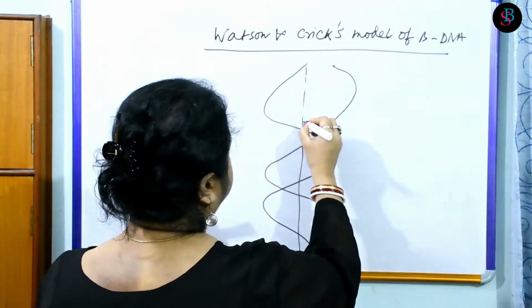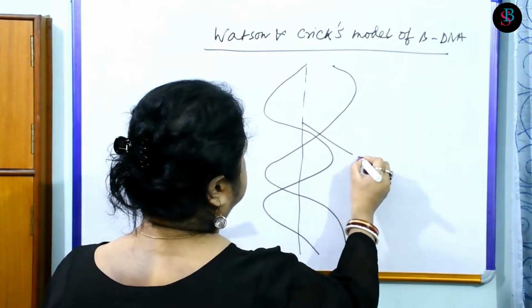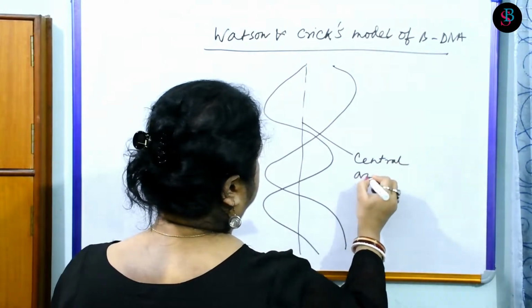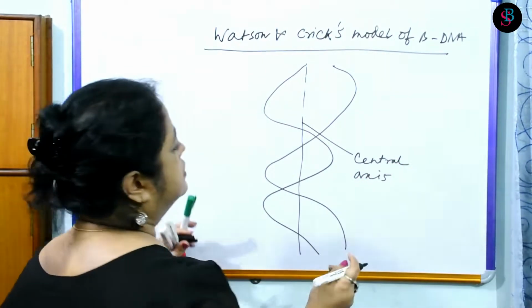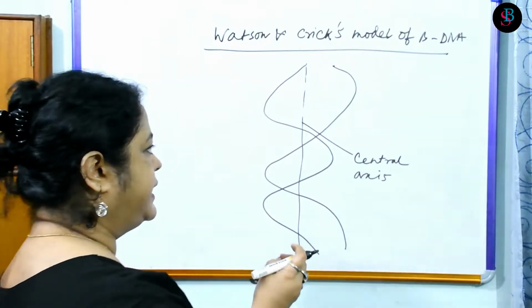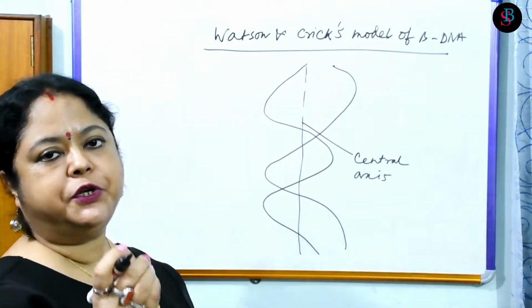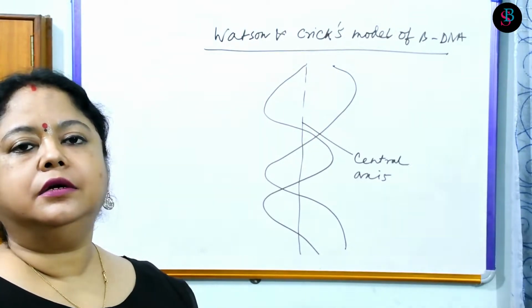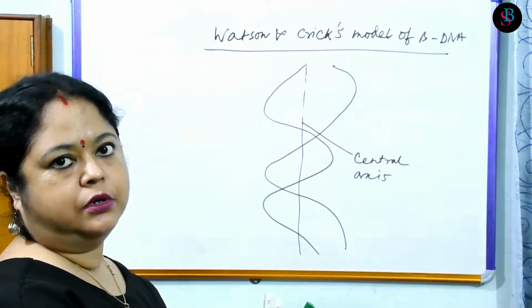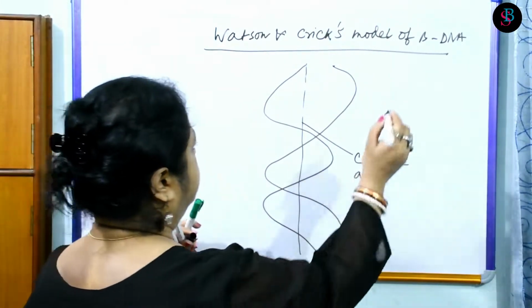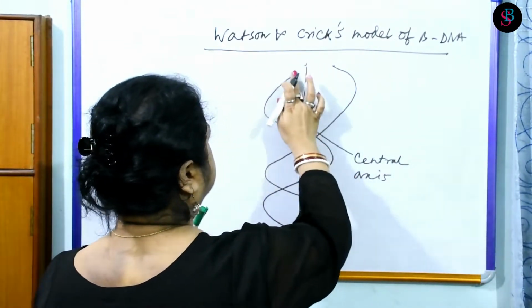This is the imaginary axis, the central axis. Surrounding this imaginary axis, the two polynucleotide chains are wound around, in a right-handed manner, that is, in a clockwise manner.